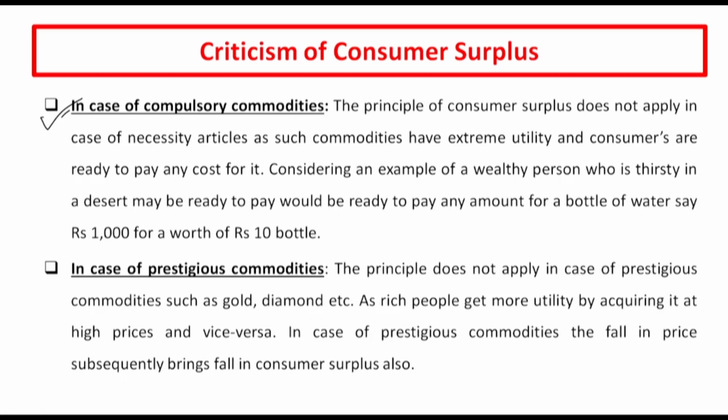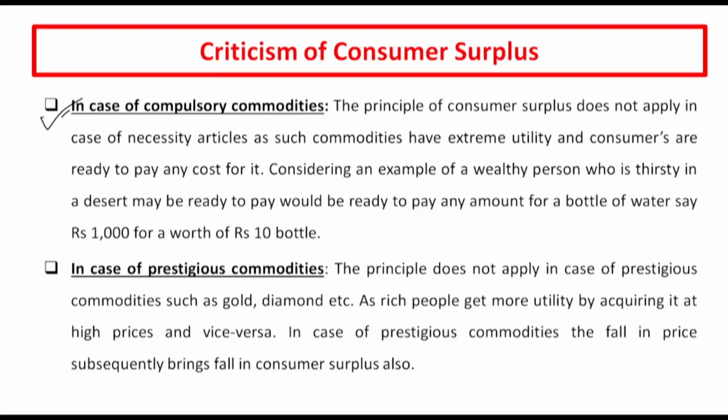So here the consumer surplus is not fruitful. In case of compulsory items, necessary items, the willingness of the consumer and what the consumer is actually paying for the product gets lost. Whatever the price of the necessary, you are ready to pay for it.